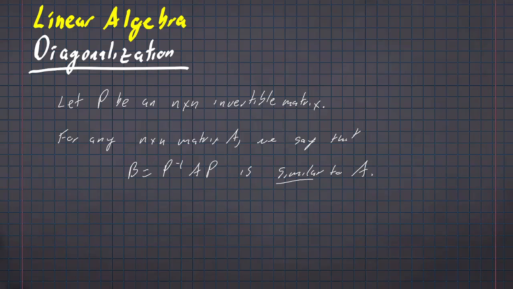So the idea here is we're going to take an invertible matrix that we call P. We're going to multiply matrix A times P as well as P inverse. And that will give us a new matrix B, which we call similar.